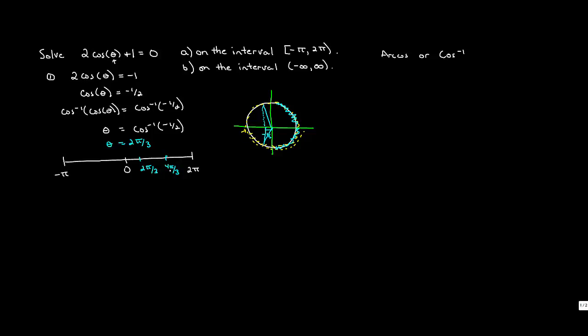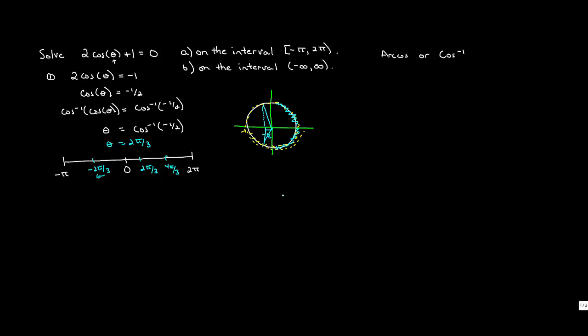But we could also go the negative direction. As I go this way, negative pi, I'm also going to hit this guy right here, which is going to be negative 2 pi over 3. You can think about this as laying it out flat.